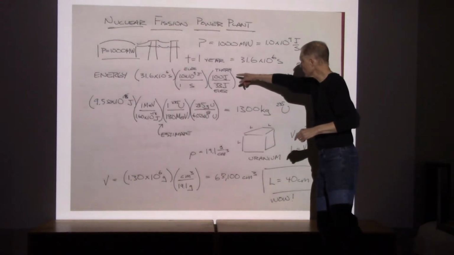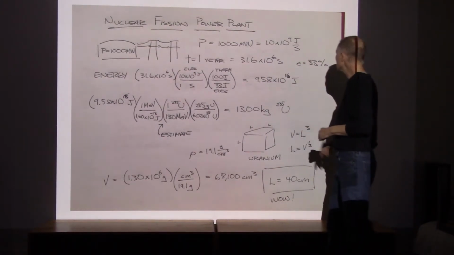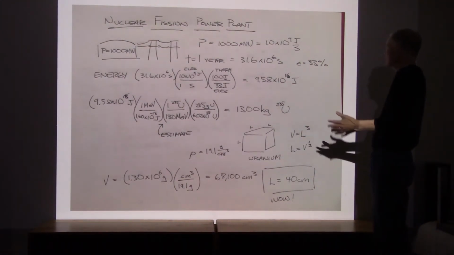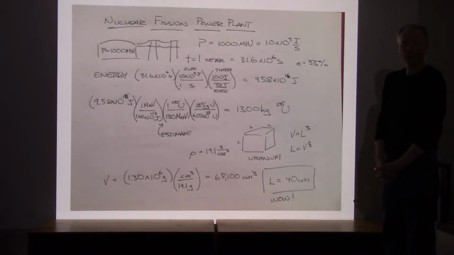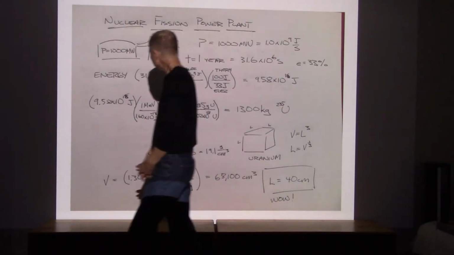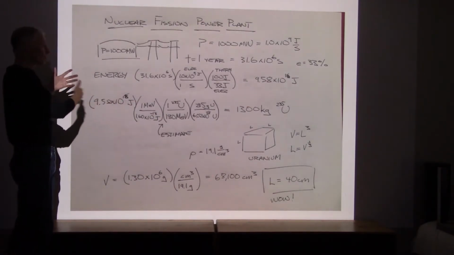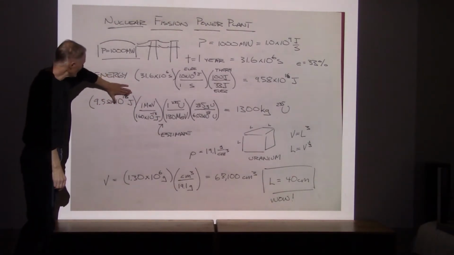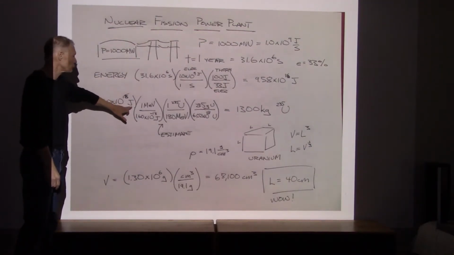The thermal energy that I'm going to need is 9.58 times 10 to the 16 joules. So that's about 10 to the 17th joules of thermal energy for the year that I have to produce. I wrote that exponent twice, but again, that is a 16 right there: 9.58 times 10 to the 16 joules.